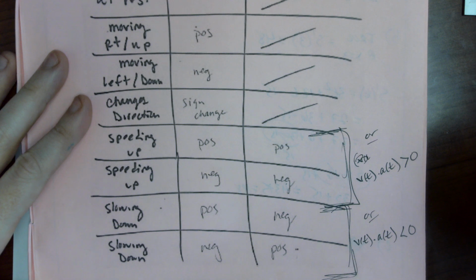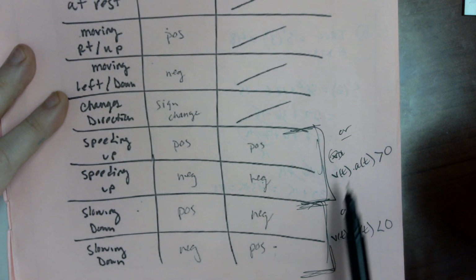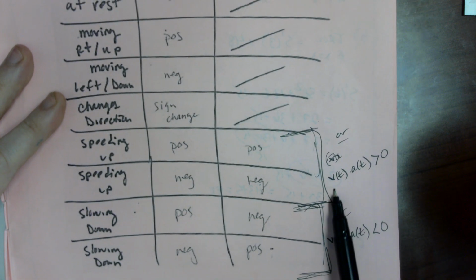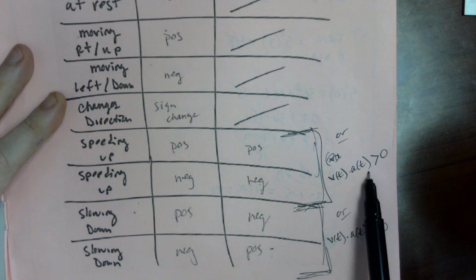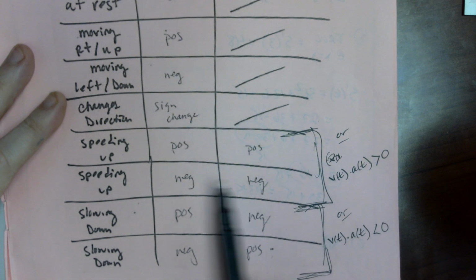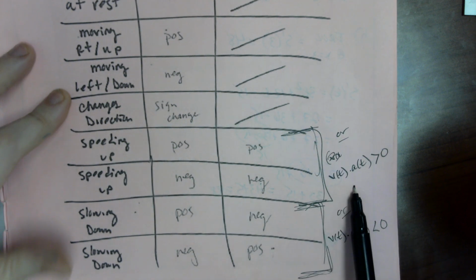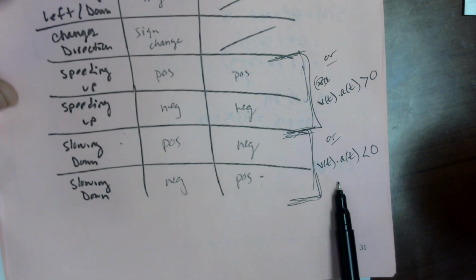Another way of saying that is a particle is speeding up if its velocity and acceleration have the same sign. Another way of saying that, which we'll actually use in our explanation, is that the product of velocity and acceleration is positive. The product would have to be positive if they have the same sign. So this is another way that we can explain if a particle is speeding up.